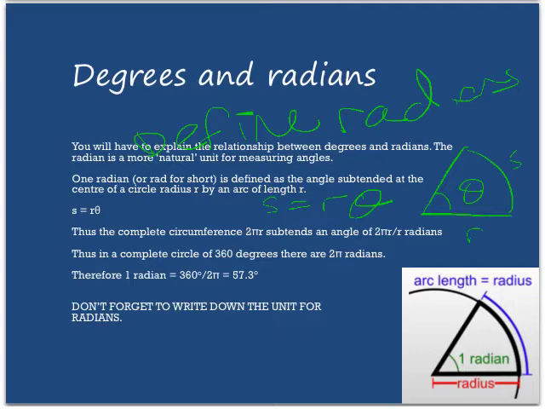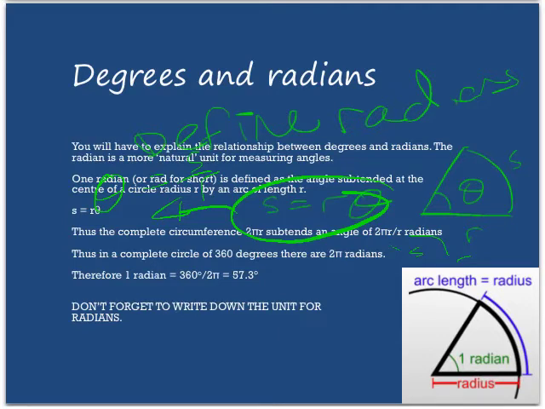This, for a complete circumference, 2 pi r is that distance around the circumference. So if you think about this formula here and rearrange it, let's make it theta equals S over R. In this case we have got S and we have got R, so we're dividing S, the arc right around the circle, which is 2 pi r, by R to give you the angle.